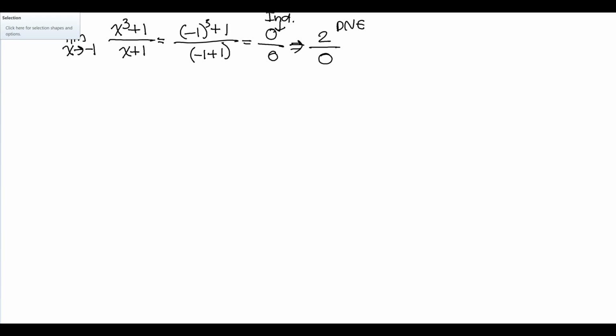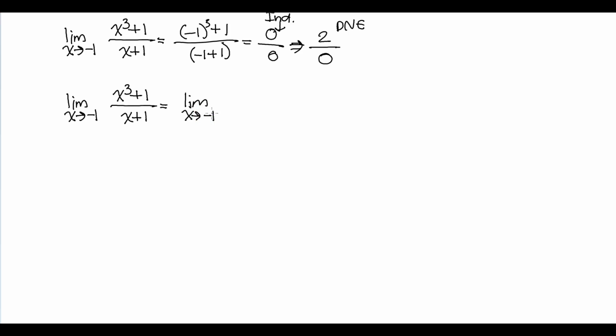So I'm just going to select this, copy it, and have another. Let's do the exact same thing here. If you remember from algebra, there is the sum of cubes.